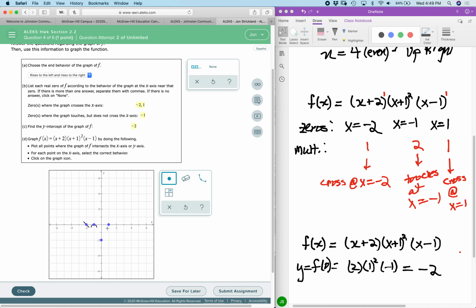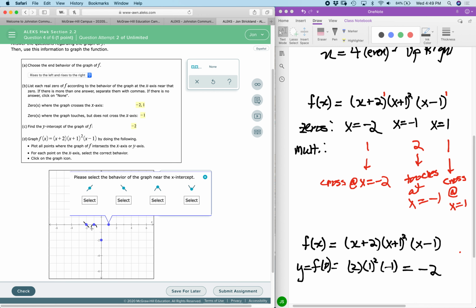And then situating our remaining x-intercept, we have at 1. This time we have rising to the right. So we're looking at crossing, touching, and then once we get over to here, we have crossing from below to above.